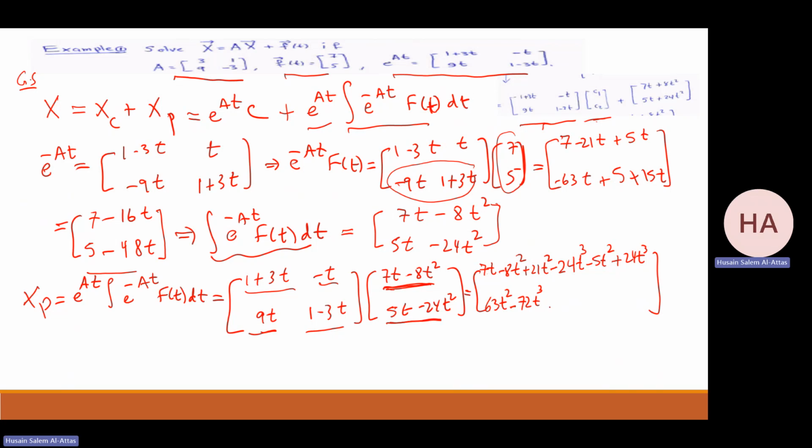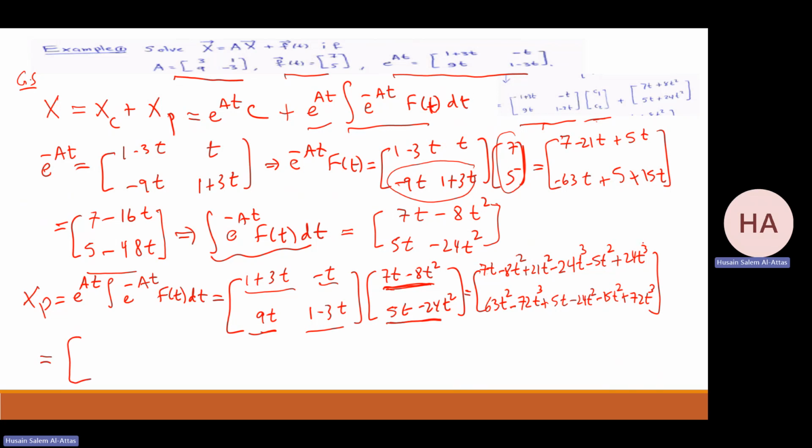What you will get? Plus 5t minus 24t squared minus 15t squared. Okay. And plus 72t cubed.